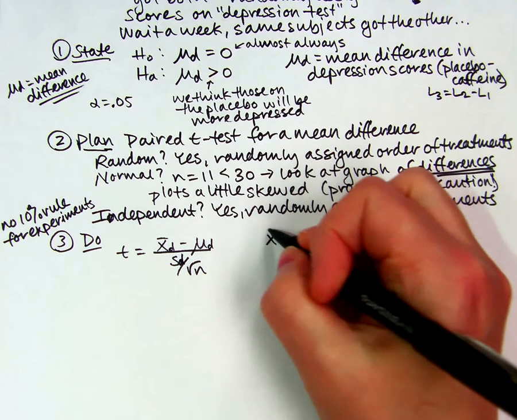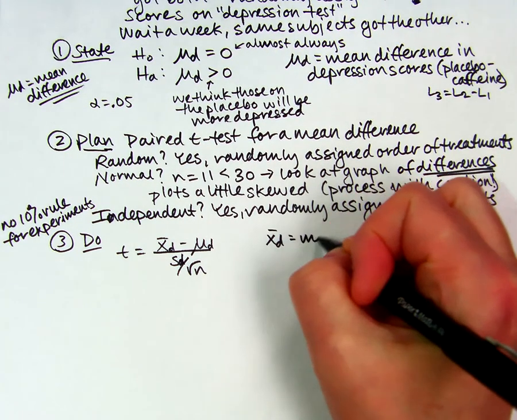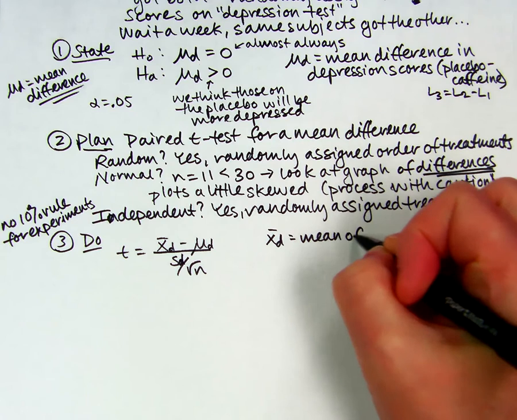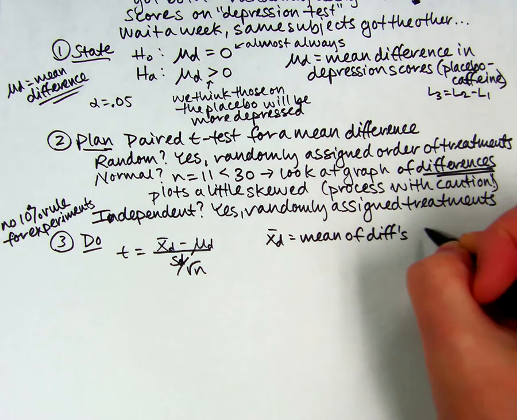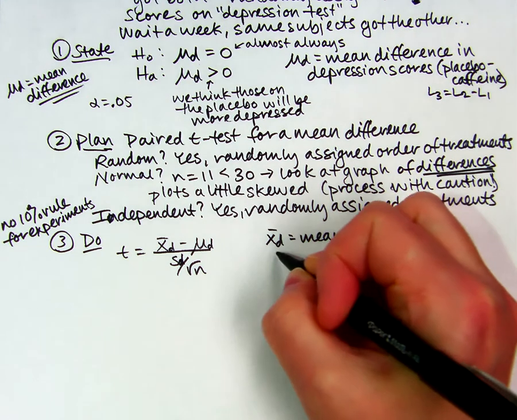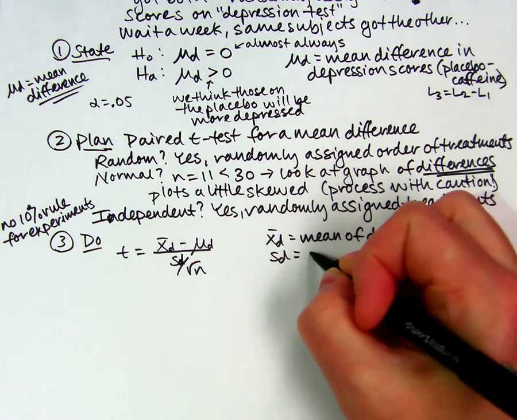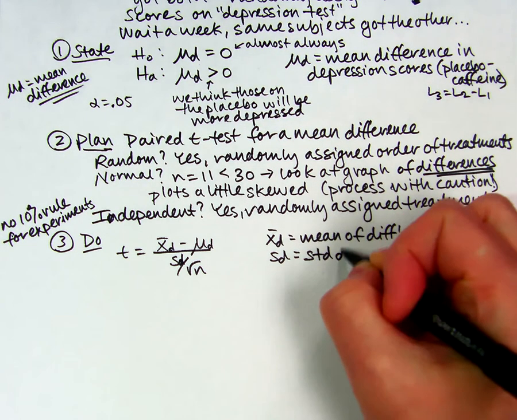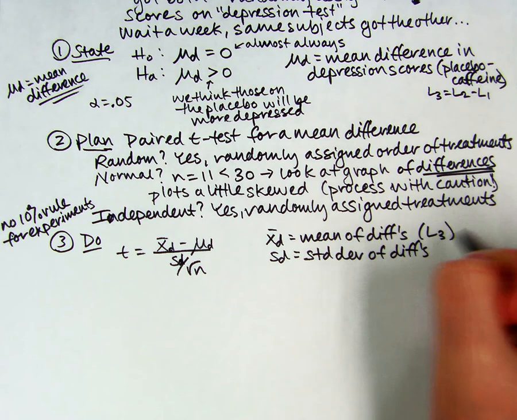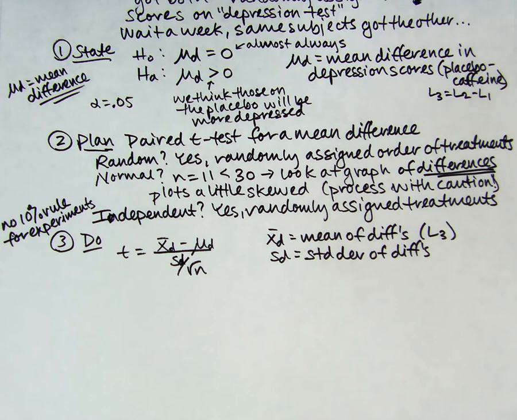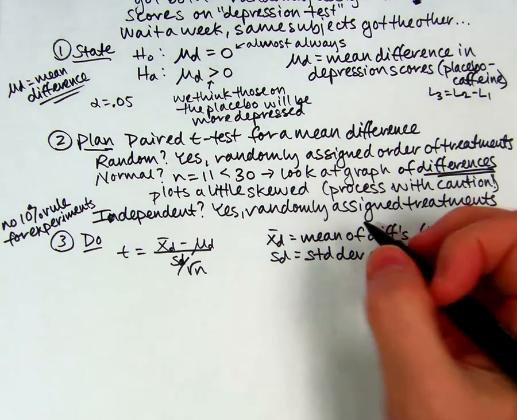So X bar D, for instance, is the mean of the differences, which you would get by finding the mean of list 3. SD is the sample standard deviation of the differences. So in other words, you don't actually have to do any calculations with list 1 and list 2, except for finding the differences, right?